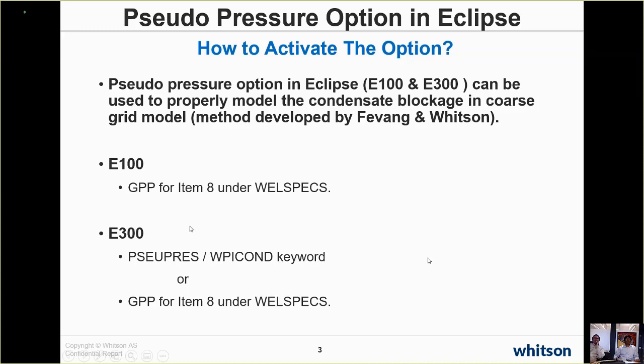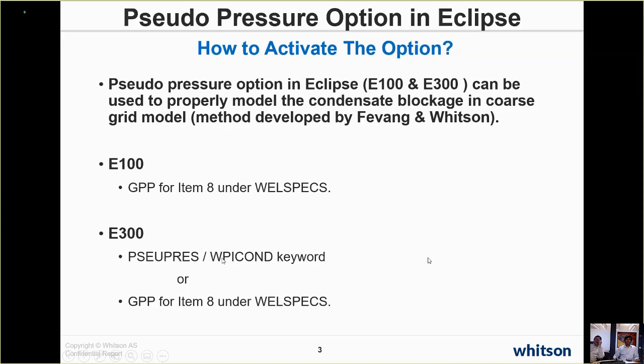They also have one keyword in Eclipse 300, WPICON, and here also we can activate the GPP option, but here we can give some more flexibility.